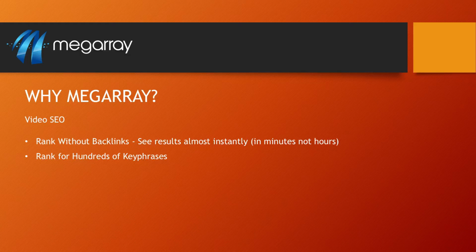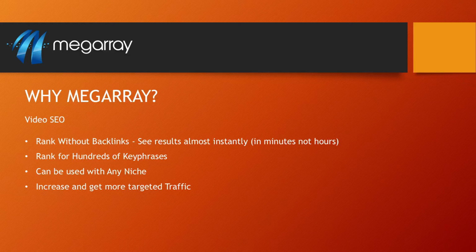Video SEO using Megarray especially allows you to rank for hundreds of key phrases and continue to rank. It can be used in any niche, no matter what you're promoting, whether you're promoting a local business as an agency, or you're an affiliate, or you're a business owner.